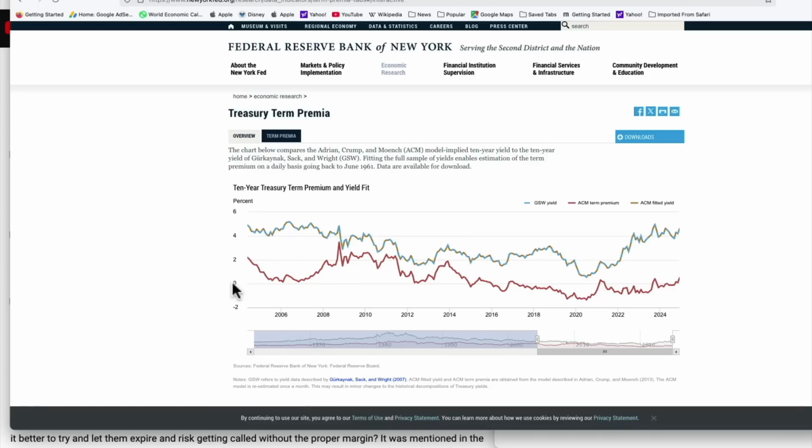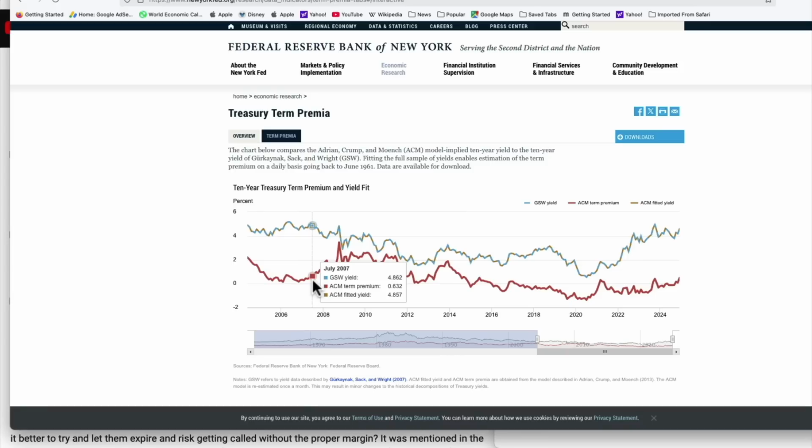We go back to this area right here. Let's go to September of 2007. The term premium was 1%. Yields were starting to increase. The central bank was beginning to cut rates. You had Lehman Brothers, and so as short rates dropped to 0, if you string out a whole bunch of zeros, you get 0.